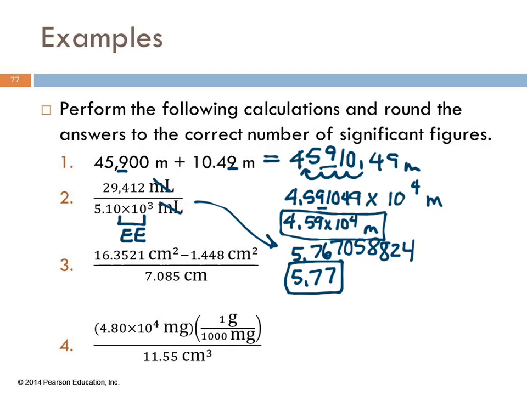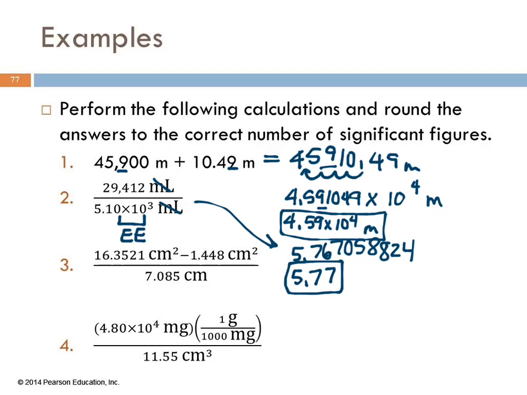So number 3, whenever we have adding and subtracting mixed together with multiplying or dividing, you got to be careful. So I'm going to take the 16 and subtract the 1.448. When I press divide, nothing happens on my display because my calculator has an understanding of order of operations.